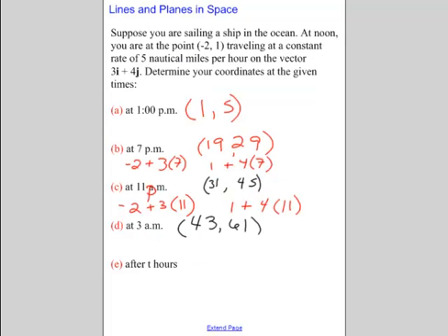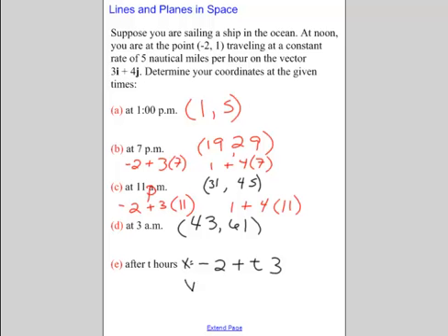T hours later, therefore, I take my x value, which is -2, and then I add t times 3, or 3t, either way you want to think about it.